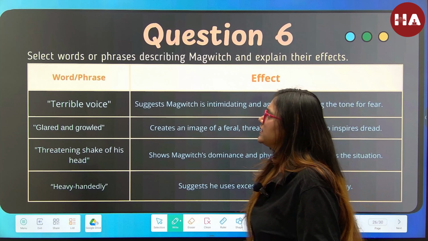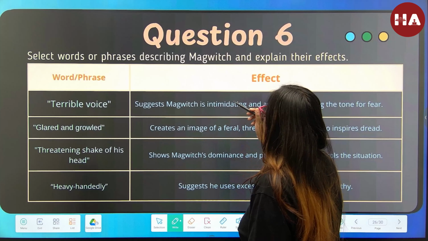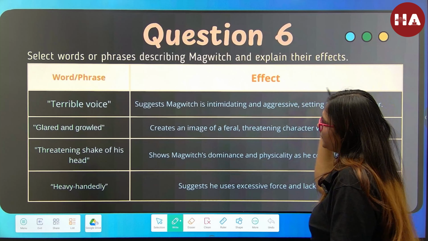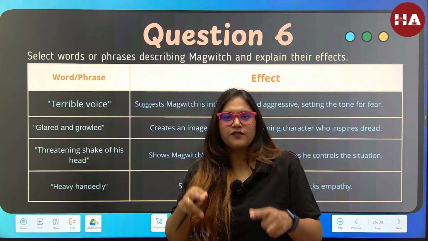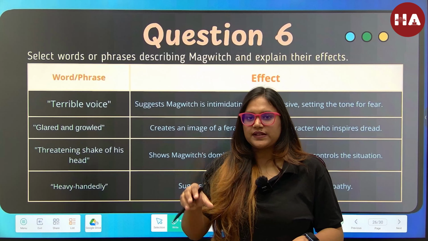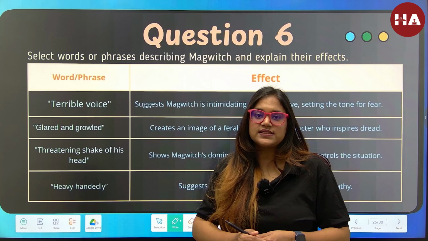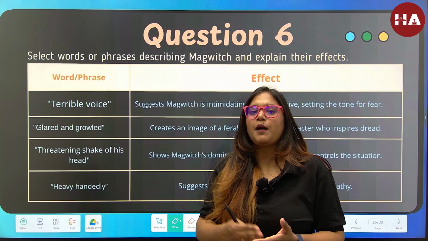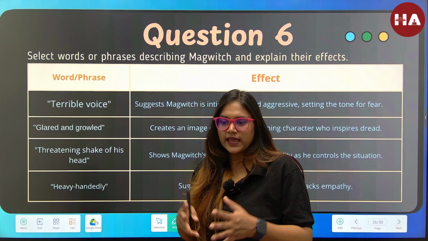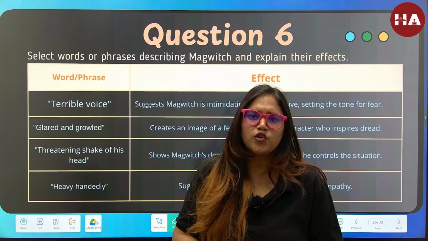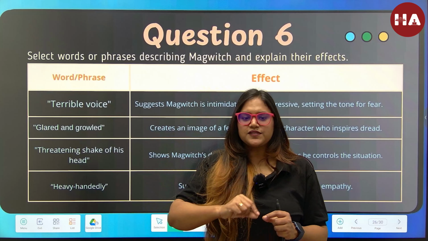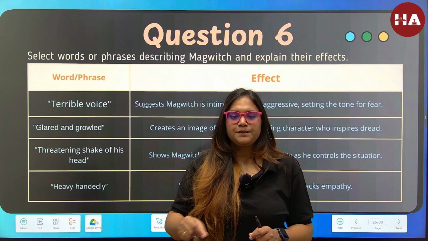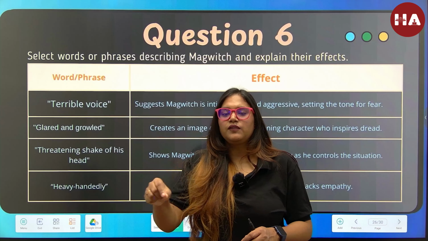Select words or phrases describing Magwitch and explain their effects. Pick those phrases against Magwitch. What do those phrases imply about the character Magwitch? Again, there are no specific dialogues that, if some person said them, would convey a particular meaning.